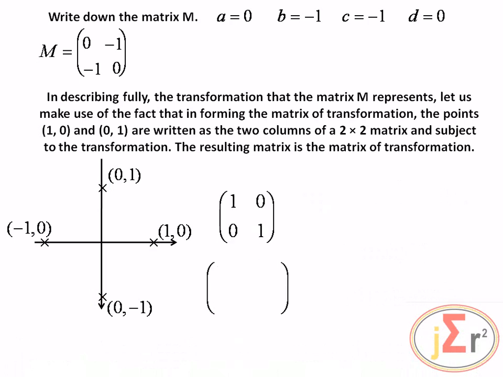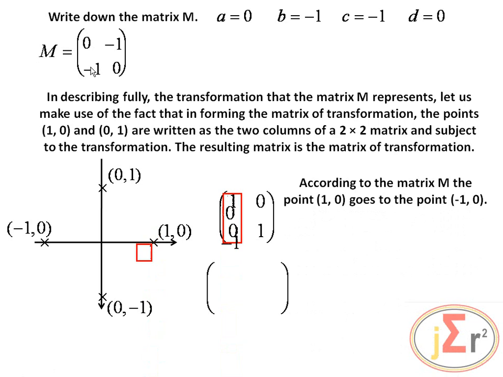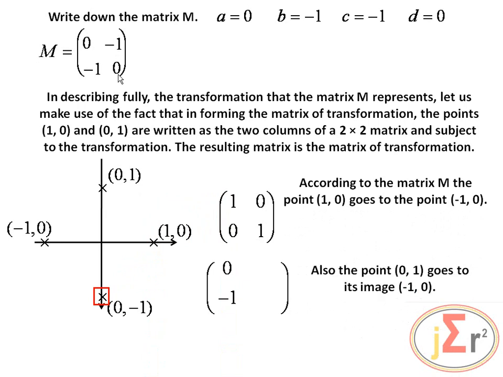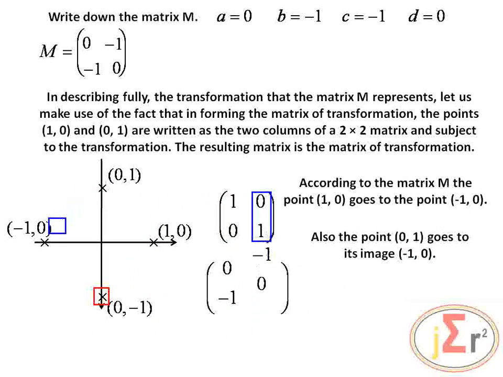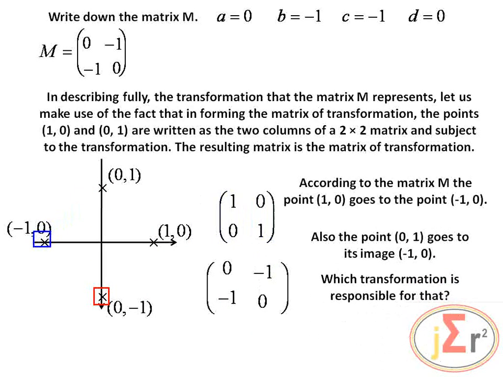According to the requirements of the derivation of a matrix of transformation, 1, 0 will go to 0, negative 1, like so, and 0, 1 will go to negative 1, 0, like so. And we need to determine the transformation that is responsible for causing this point to go like this and this point to go like that.